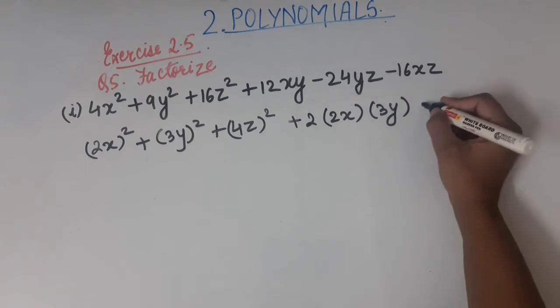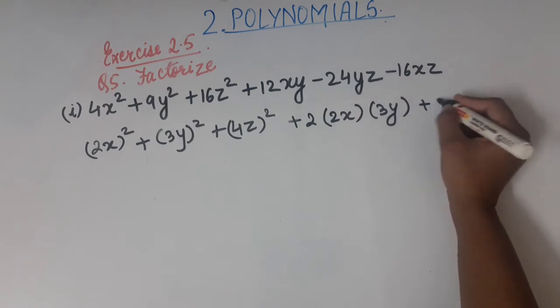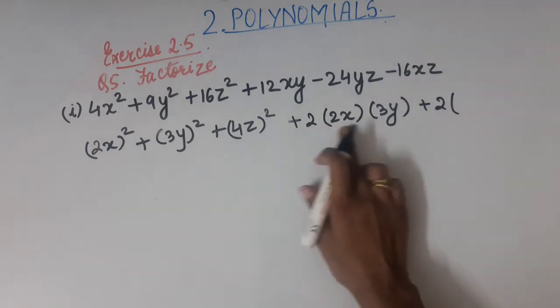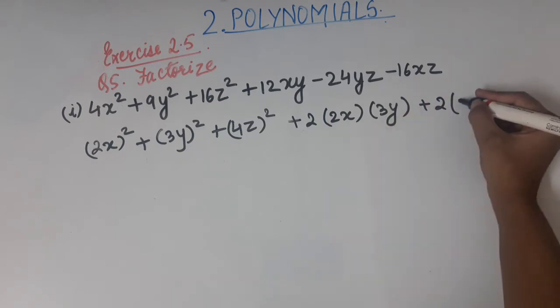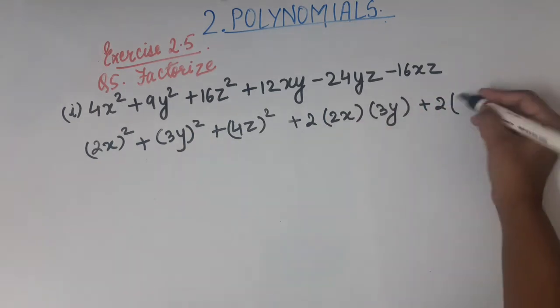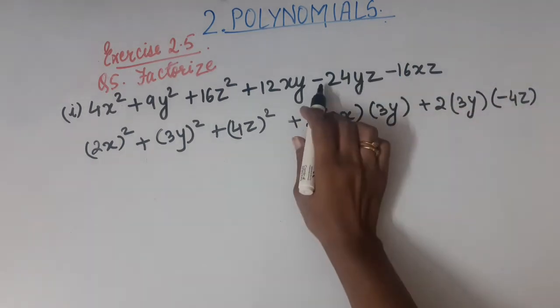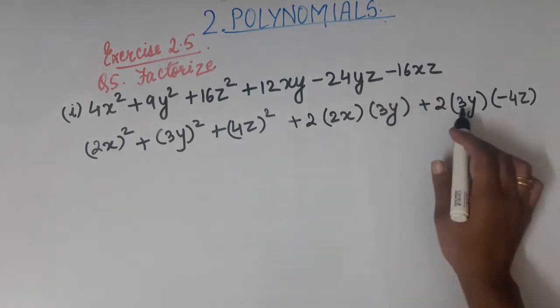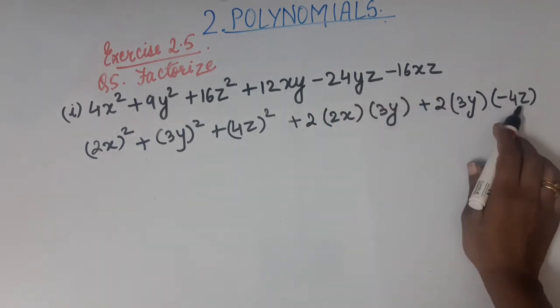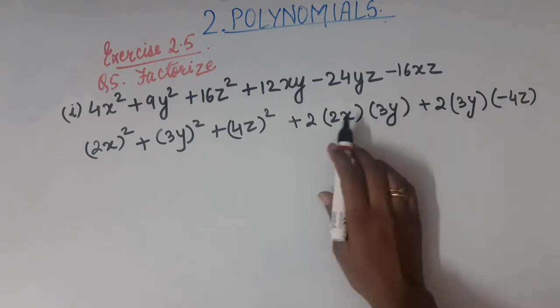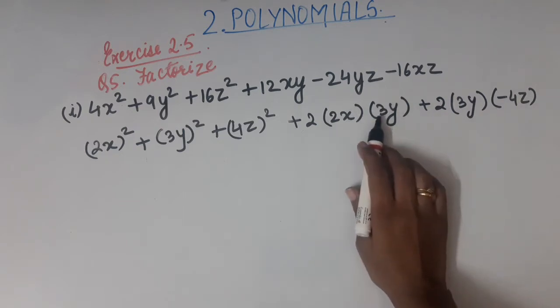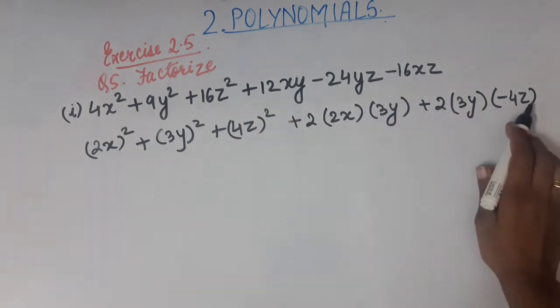So this 24yz, I can write as plus 2 into BC. B is 3y. Now C, let us take as minus 4z, because we want minus 24yz.